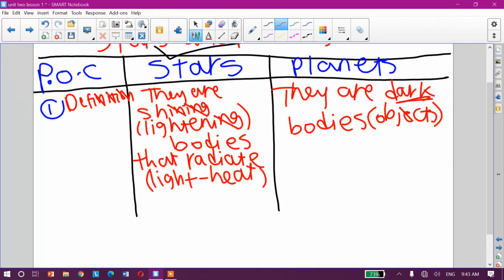Okay, they float in the space, but planets revolve or rotate around the sun. Randomly? No, in fixed orbits. In fixed orbits.